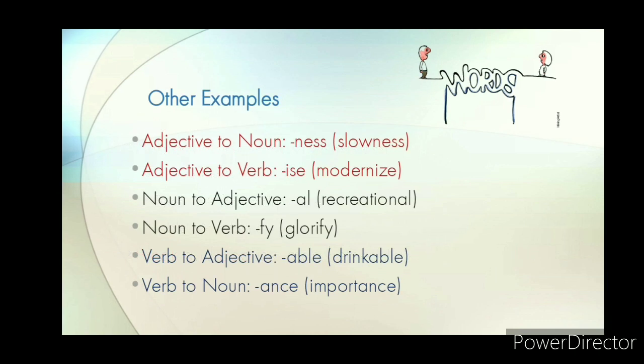And then here we also have some examples, like using the suffix ness, becoming slowness, as in slowness, and ize as in modernize, and al as in recreational, and fy as in glorify, and able as in drinkable. And the last one, ance as in importance.